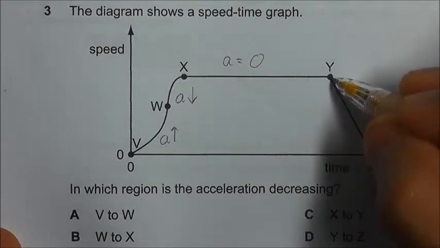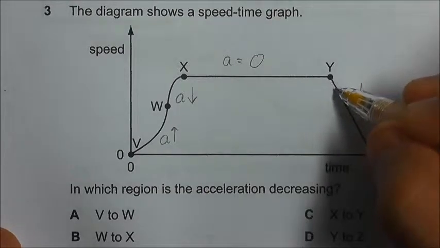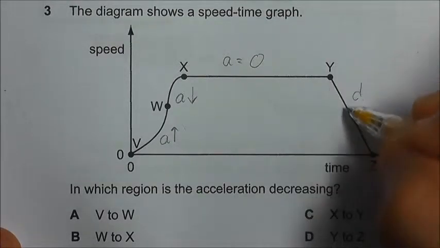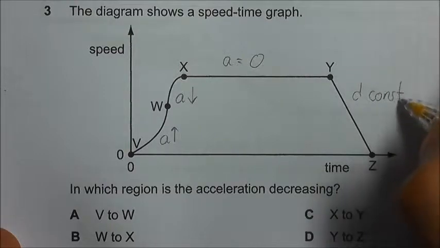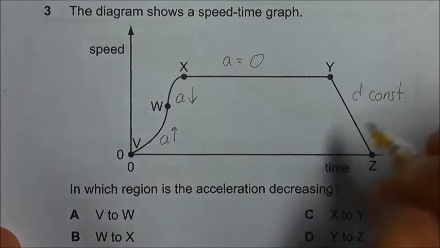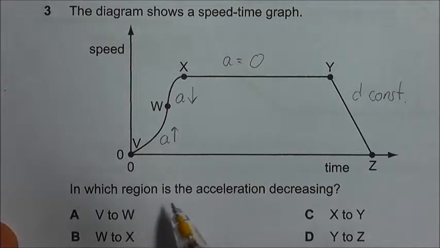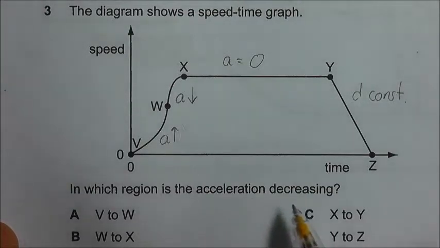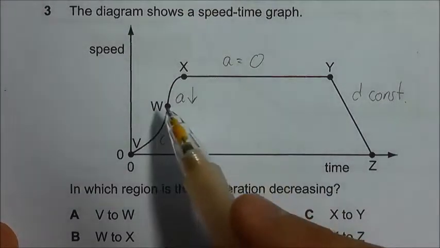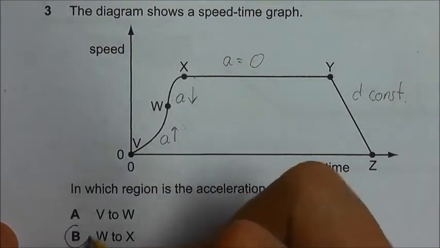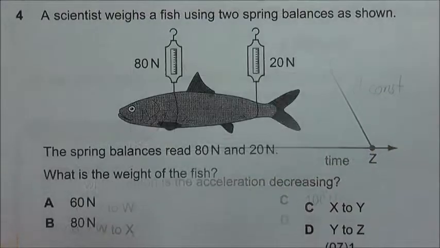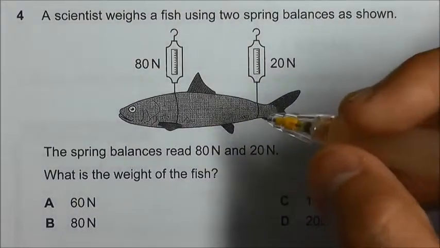And since it's a straight line downwards, we can say that the steepness is constant, so the deceleration is also constant. Okay, so in this case, we want to find a region whereby the acceleration is decreasing. That will be WX. Answer B.